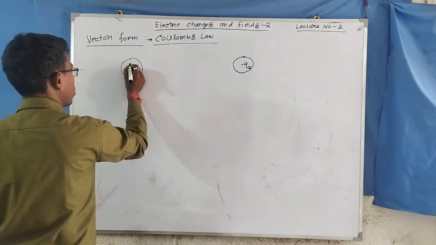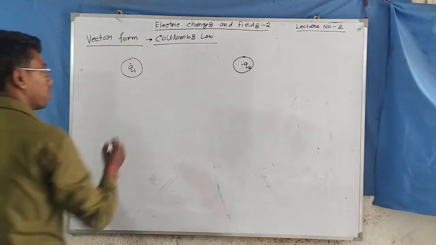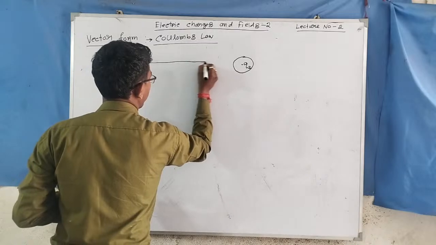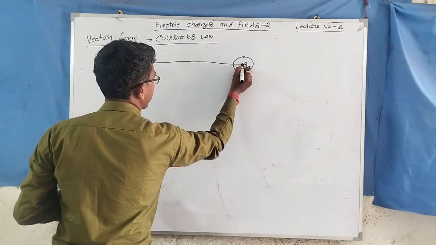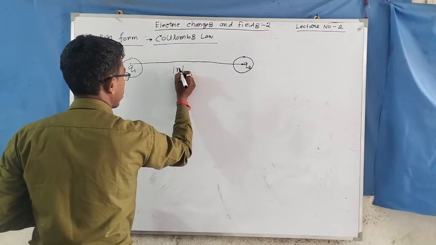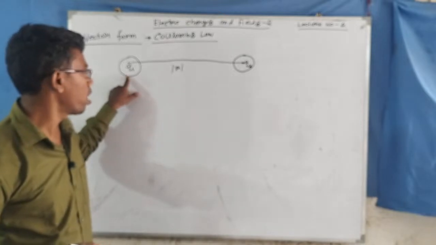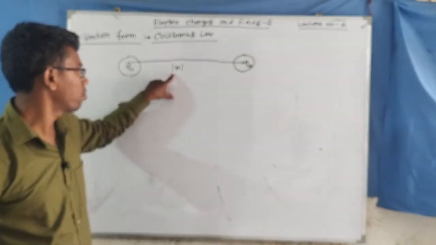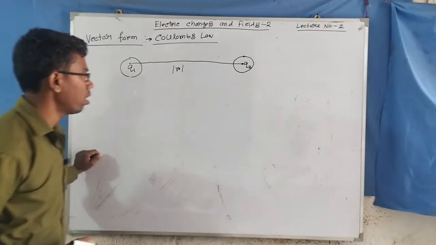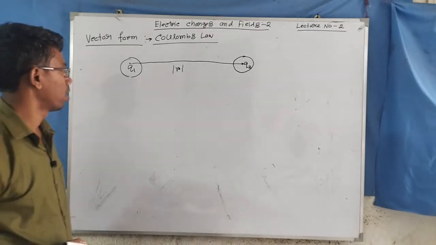The distance between the two charges is mod of r, the magnitude of r.